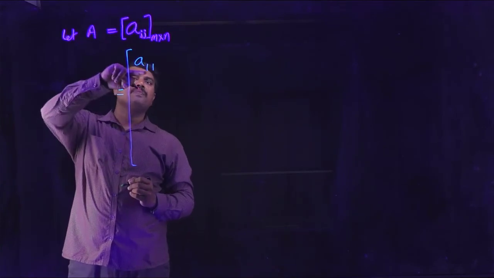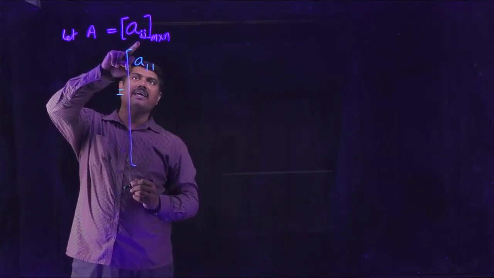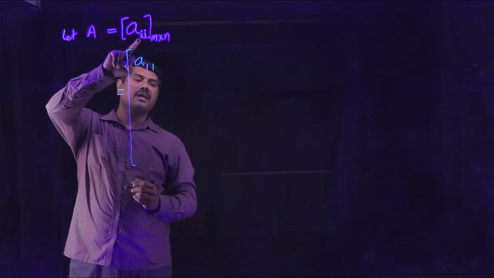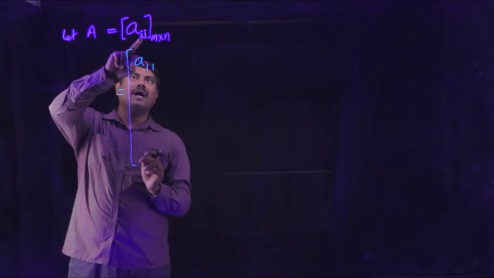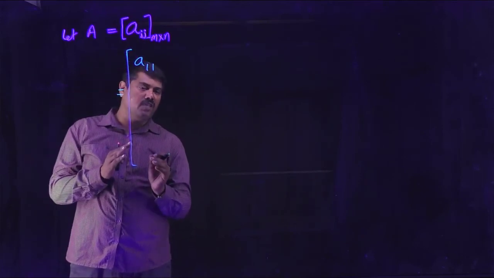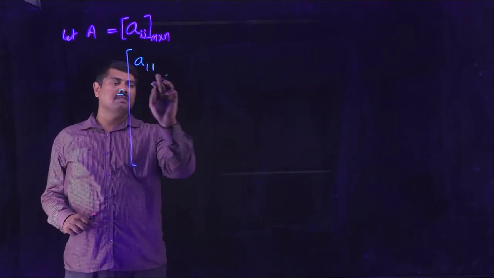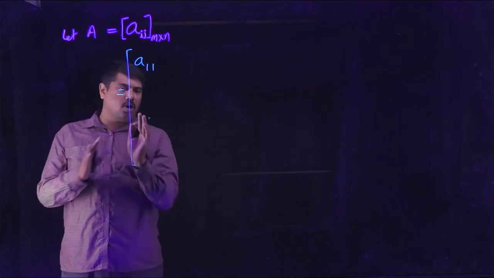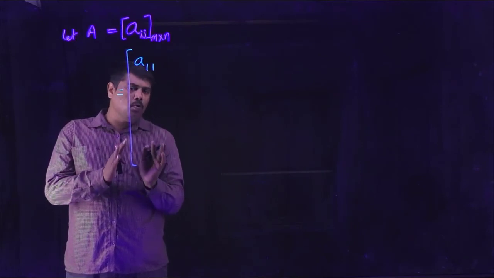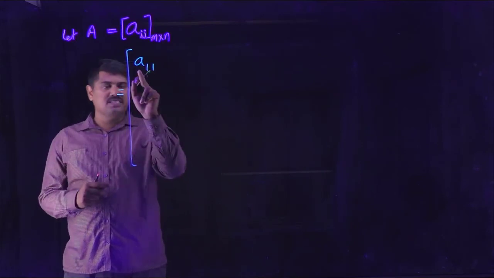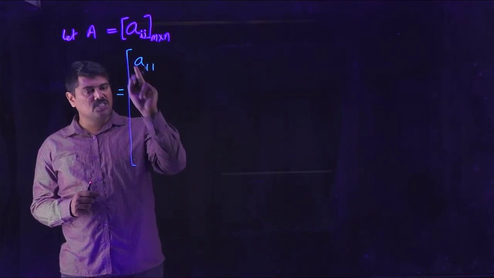Observe the suffix ij: i indicates the row number of the element's position and j indicates its column number. So a11 does not specify the element itself, only its position, the first row and the first column.